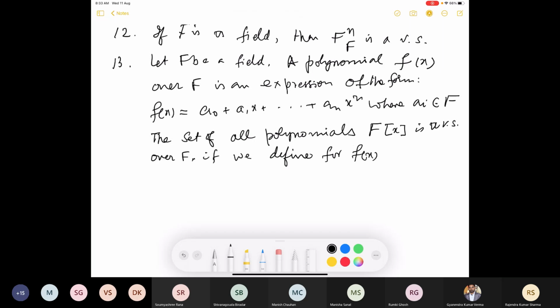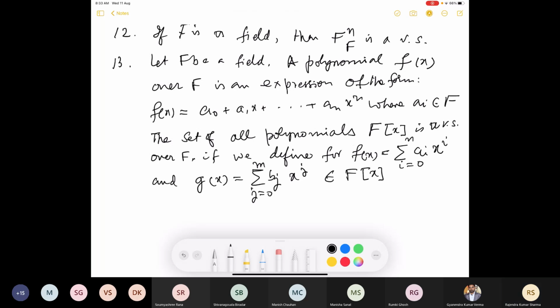For f(x) equal to the sum of ai x^i, i is 0 to n, and g(x) equal to the sum of bj x^j. Number one, f(x) is equal to g(x) if and only if m and n are equal, and each ai is equal to bi for every i from 0 to n.